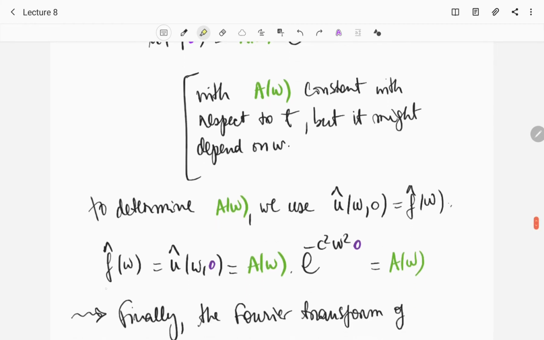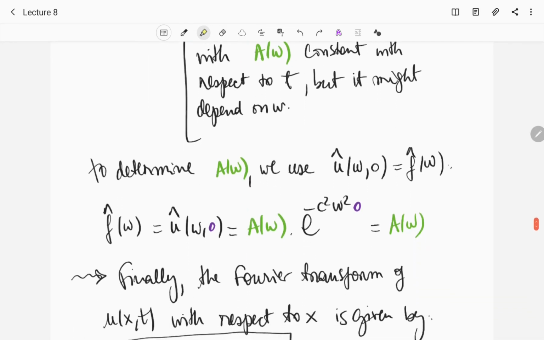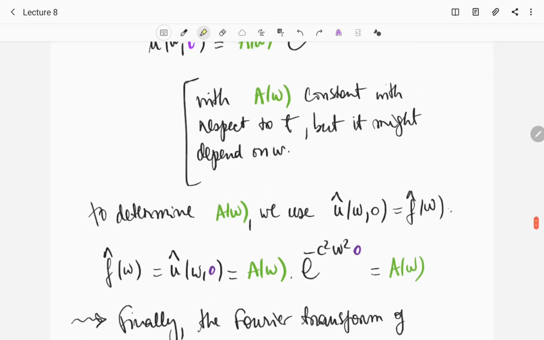So the Fourier transform of f is equal to the Fourier transform of u in omega 0, which is just taking our general solution of the homogeneous equation and setting t equal to 0. So this is exactly 1, and we get this A here.